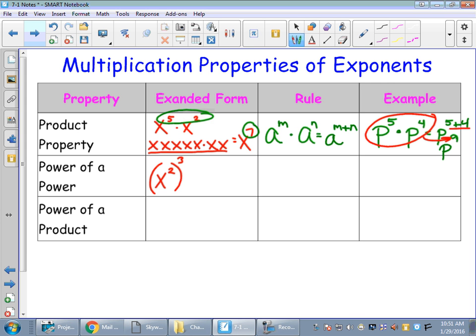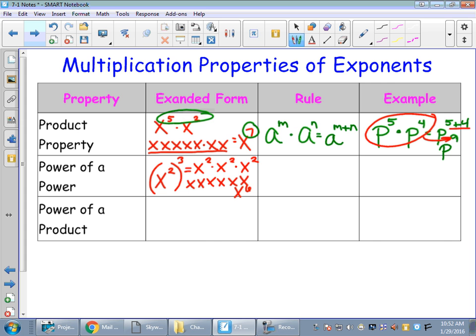When I cube x squared, it really means multiply x squared by itself 3 times. Repeat multiplication 3 times. And then I could even expand that, and each of these x squareds I can break down into x times x. And you end up getting 6 x's multiplied together, or we can write that as x to the 6th.